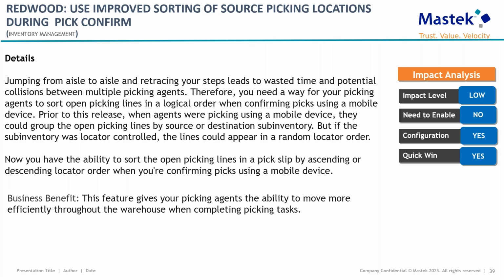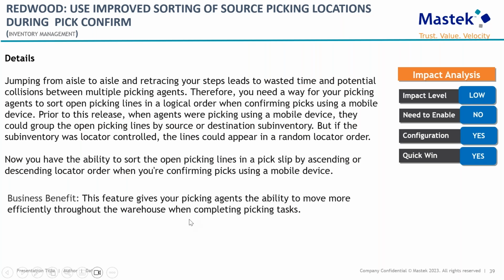This means pickers can now move through the warehouse in a logical sequence, reducing backtracking and improving picking efficiencies during pick confirmations. So they will be able to move in a logical order. They don't have to come back and do the other picking activities.